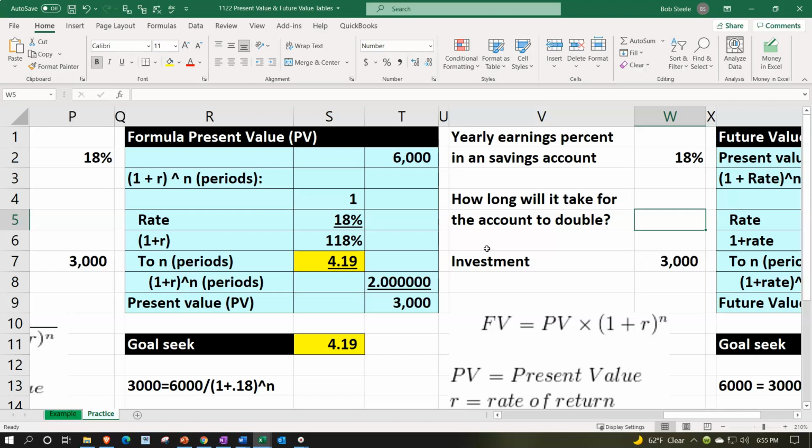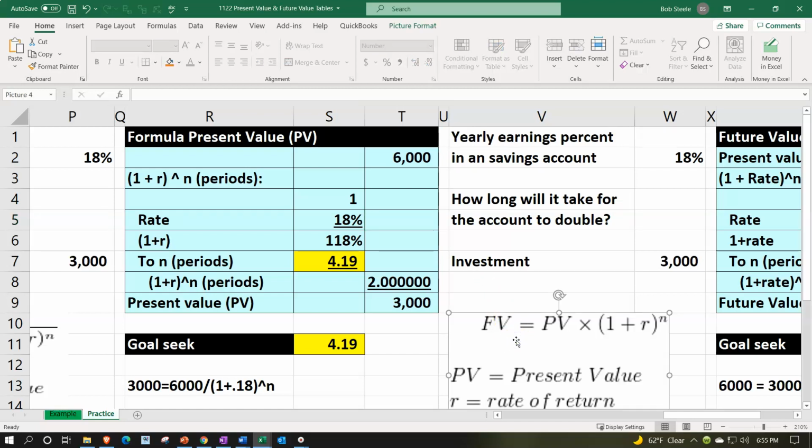Now we're going to do a similar process with the tables as we did with the mathematical formulas and the Excel functions, in that the tables are kind of a mix between the mathematical formulas and the Excel function. The tables were designed to be a step easier than the mathematical formula, especially at a time before they had a lot of financial calculators and Excel or spreadsheets to work through the problem.